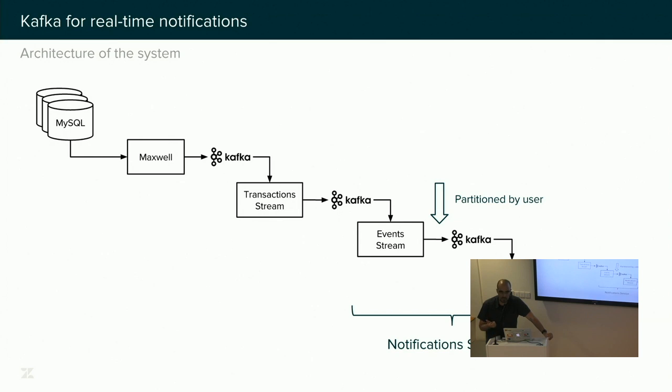Kafka streams, yes, they released it recently. At the time, we were already using Akka streams. Because we were already using Akka streams, we decided to use reactive Kafka, which integrates very nicely with Akka streams.